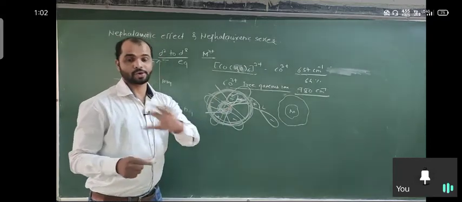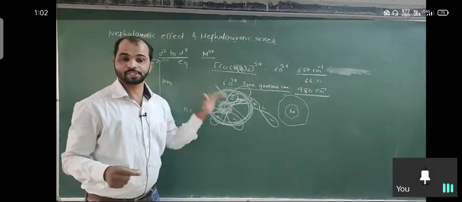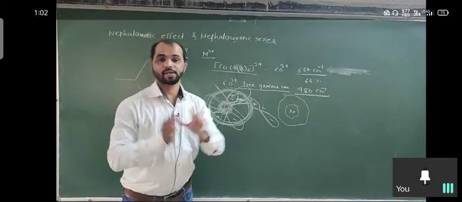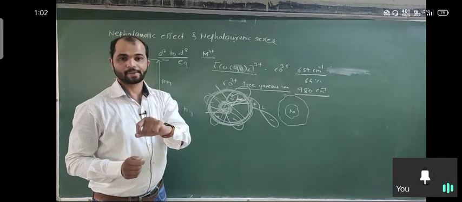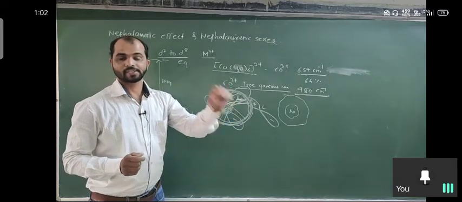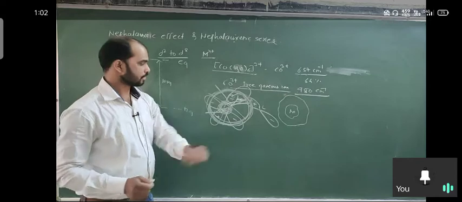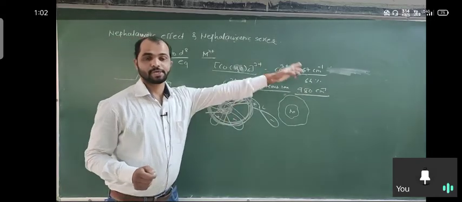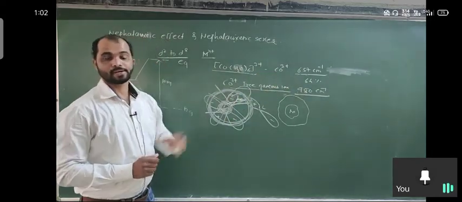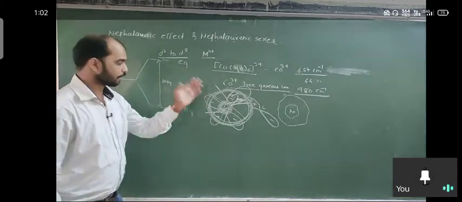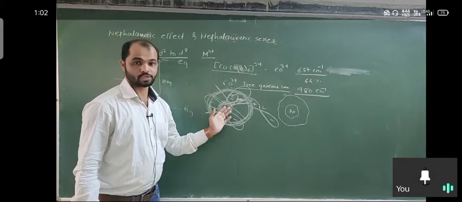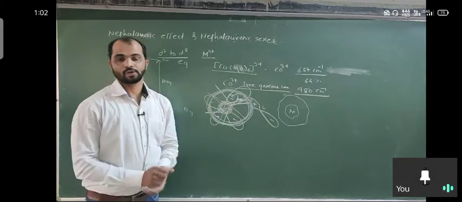This is not a point, it is a part of the assumptions of CFT. CFT says it is a purely electrostatic force, but actually there is a slight overlapping between the metal orbitals and ligand orbitals. Due to this the electrons of the metal are shifted toward the ligand. This is a delocalization of the metal electrons to the ligand orbital.